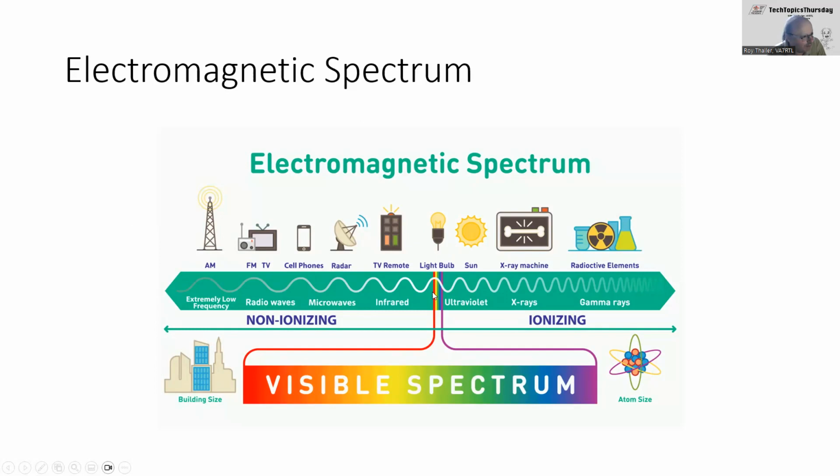You've got the visible part of the spectrum, which we can actually see. Then you're getting into infrared, which uses the TV remote, radar, cell phones, FM, TV, and then AM. So up here is generally ionizing radiation, and down here is non-ionizing radiation.